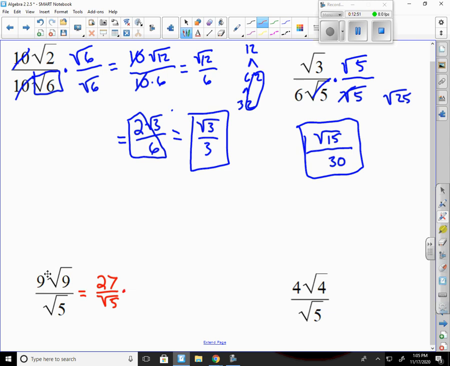This process here was, instead of multiplying the square root of 5 up to here, if I just do the square root of 9 first, if I break that down to simplify it, it gives me 3 and 3, because 9 is a perfect square. So the square root of 9 is 3, so I just did 9 times 3. And that's how I got to 27.